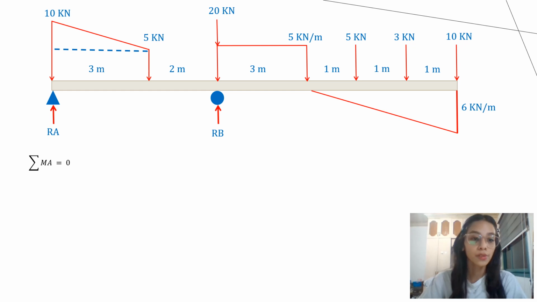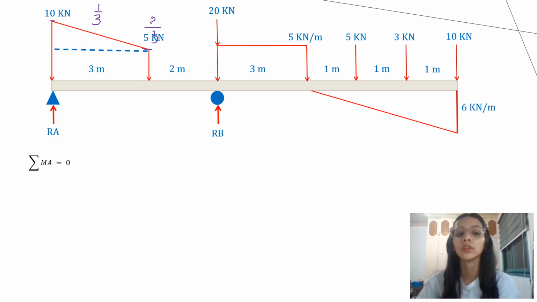Since it is a trapezoid and we're going to take moments at A, let's assume that the centroid of the triangle is 1/3 since it is in the higher part. The higher part is always 1/3 and the lower part is 2/3.